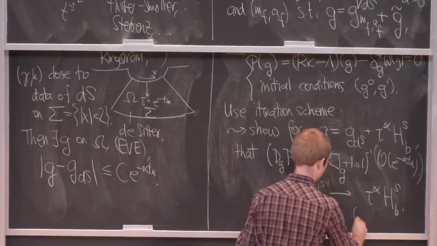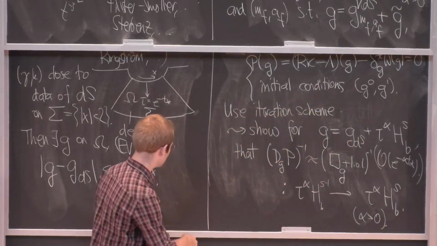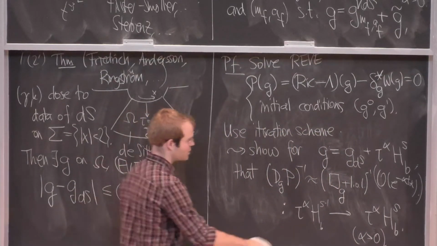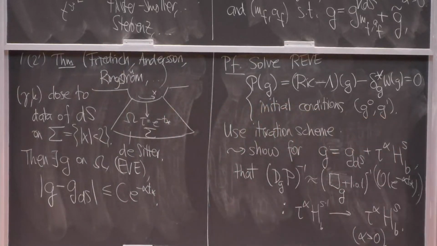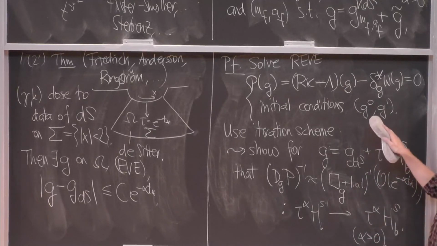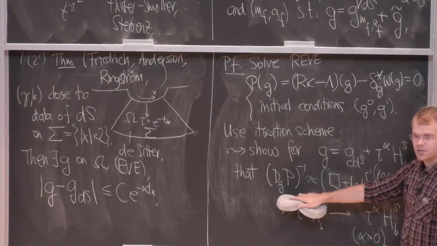Okay, so here, again, remember alpha is some perhaps small positive number. Yesterday, in the situation for the scalar wave equation, we actually always got a constant asymptotic term here. But if we get lucky, this doesn't happen. So why would this kind of statement be sufficient to conclude the proof, morally? Because then you could just run this iteration scheme that I said yesterday. You just first solve the linearized linear wave equation, where you linearize around the de Sitter metric.